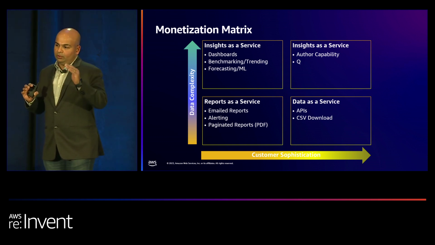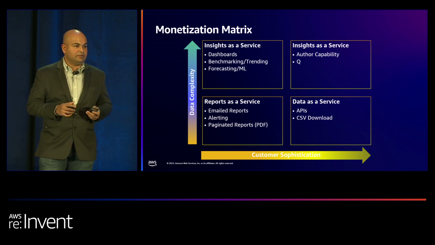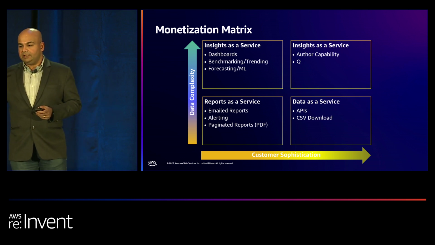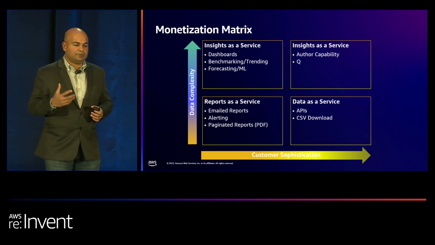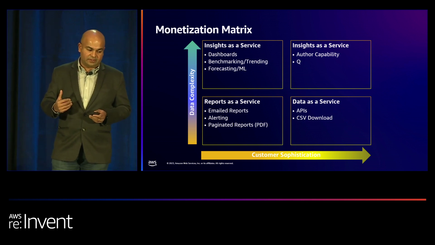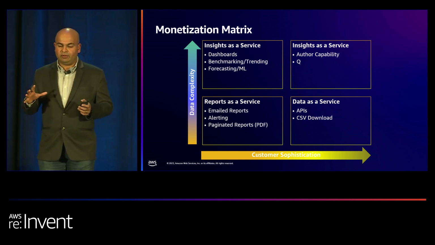Now, if you go to the left side and then the one box up, you see insights as a service. So here you're doing some work in order to make sure that you are providing insights to the user, not just the base set of data, not just line item data. And the dashboards provide interactive functionality so that you can go and click through and look at different pieces. You also have forecasting, bookmarking, a bunch of things in there that you can provide.